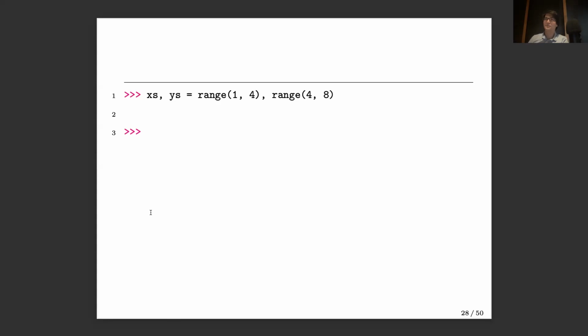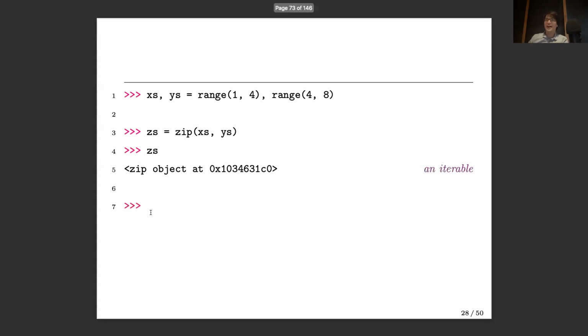Just let's do a little practice for your exam. 1, 2, 3. Remember, left inclusive, right exclusive. Y's is going to be 4, 5, 6, 7. So I say z's is going to be the zip of x's and y's. So if I ask for z's, what is it going to show me? Yeah, it's just going to say I am an iterator, right, at this memory location.